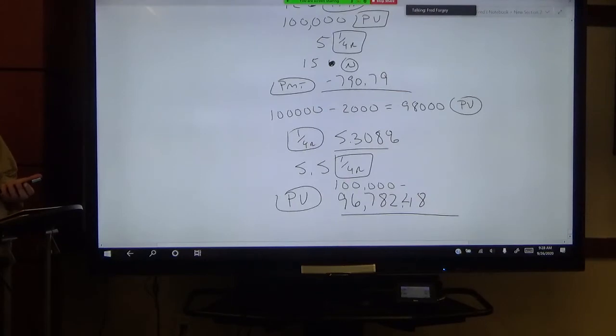Okay, so once you got the new present value, that's going to tell you the amount that they would need to sort of net dispersal. So if you subtract that from the 100,000, 3,217.